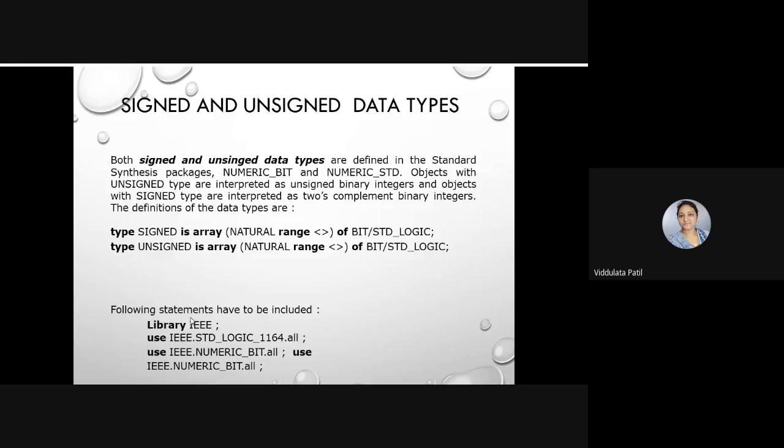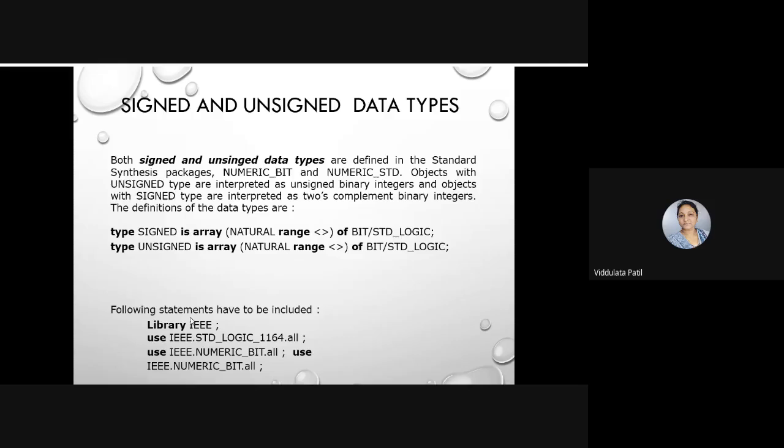Then another data type, the signed and unsigned data types. Both signed and unsigned data types are declared in the standard synthesis packages, numeric_bit and numeric_std. That is why, when we wrote the program for the add shift multiplier, we used some more packages in the library declaration part: the numeric_std package and also the numeric_bit package.